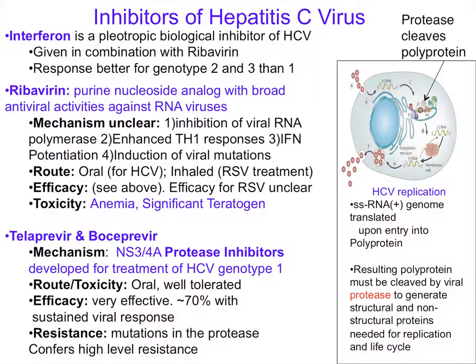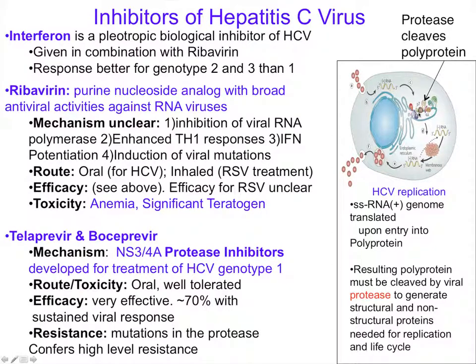And you'll hear the term protease inhibitor again when you come to HIV antiretroviral drugs. And on the right-hand side of this slide, I've just highlighted the stage of the viral life cycle to take note of. Hepatitis C is interesting in that after you get translation of the hepatitis C RNA, you initially have the development of a very large polyprotein.